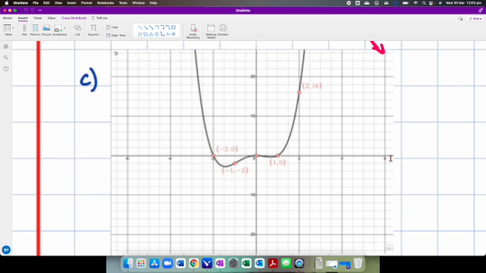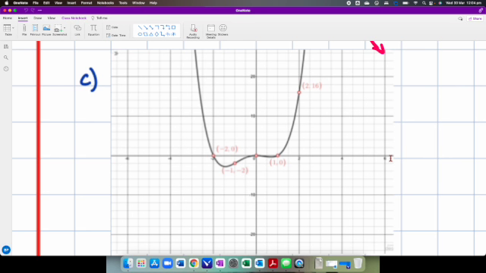The only reason I know for sure this is going to be degree 4, you ready for this? Does it bounce off an axis anywhere? No. So it turns 1, 2, 3 times. So because it turns 3 times, it's degree 4.